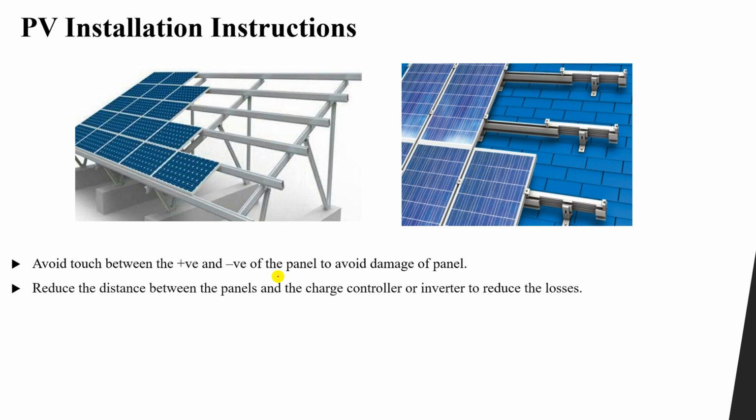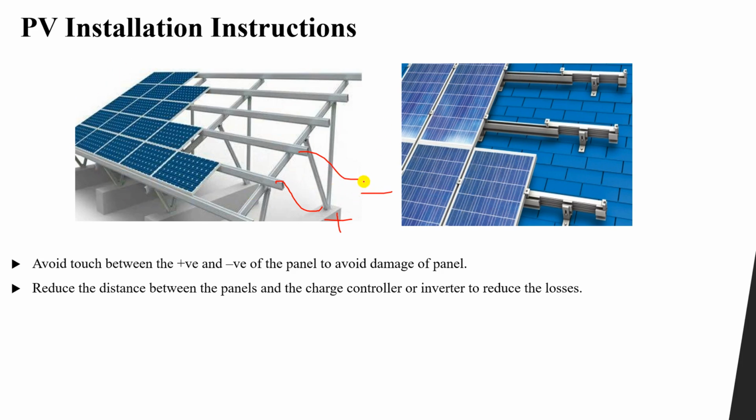Second point is that you should reduce the distance between the panels and the charge controller or the inverter to reduce the losses. So you have to understand that this system, in the end, will have two terminals, positive and negative, representing the output power or output voltage and the current of the whole system.